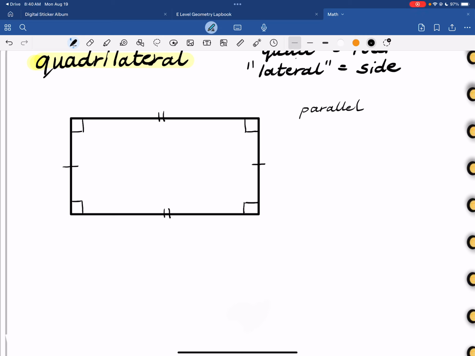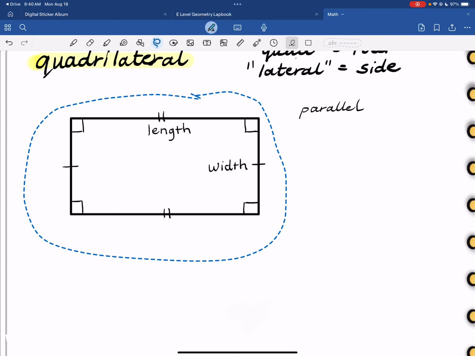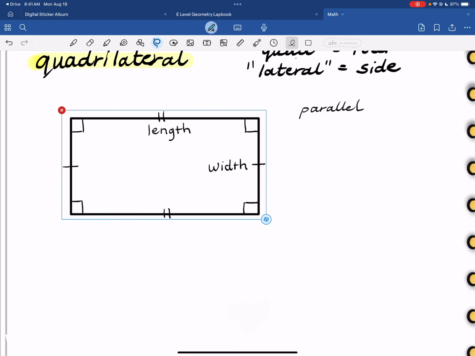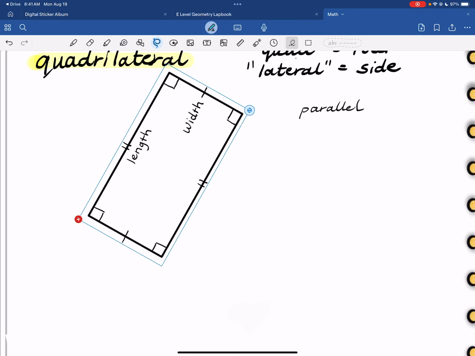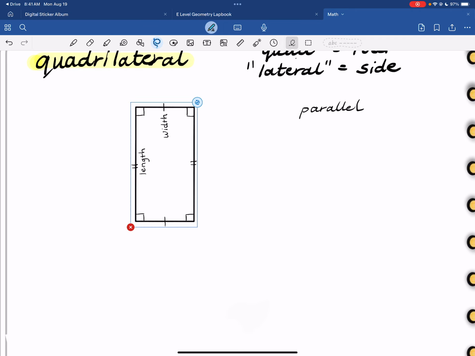Remember, those tick marks tell me how to match them up. The one tick marks are the same. The ones with two tick marks are the same. And this is called the length. And this is called the width. And remember, I can rotate this thing. It doesn't change anything.